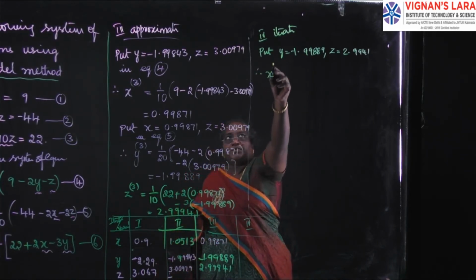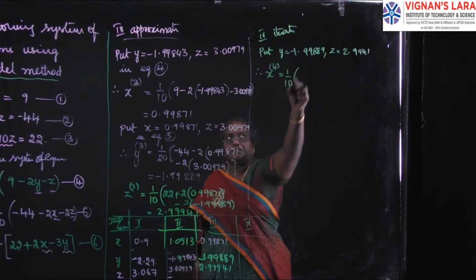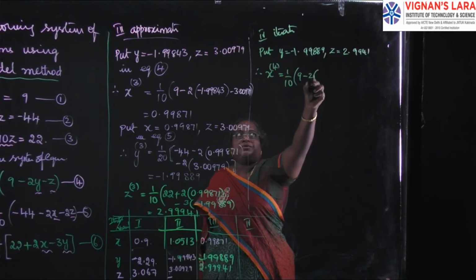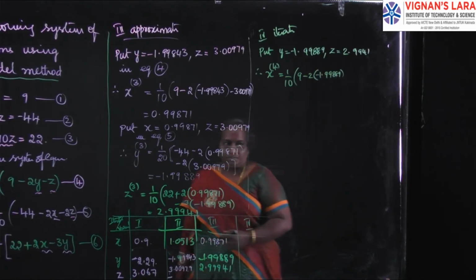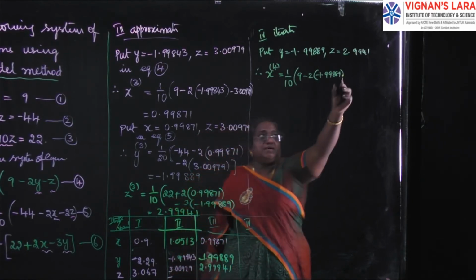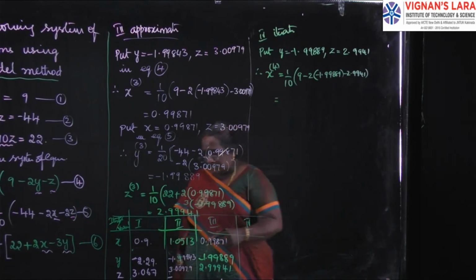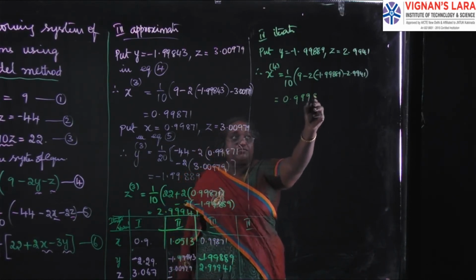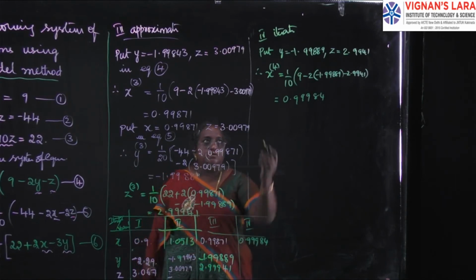Therefore, fourth approximation of x is equal to 1 by 10 into 9 minus 2 into y, minus 1.99889, minus z, minus 2.99941. So if we calculate, that comes to be 0.99984. So almost it is converging to 1.